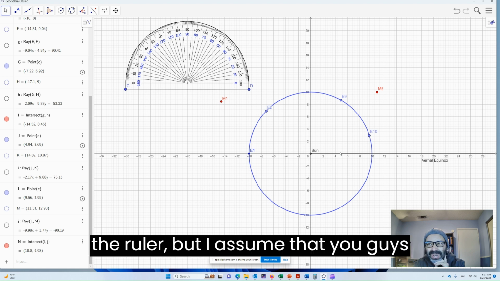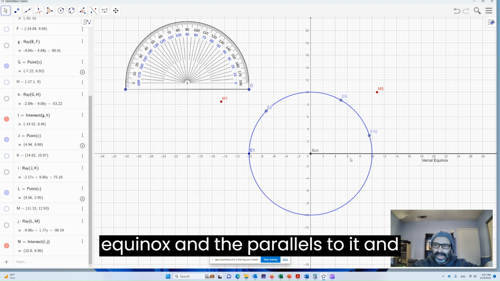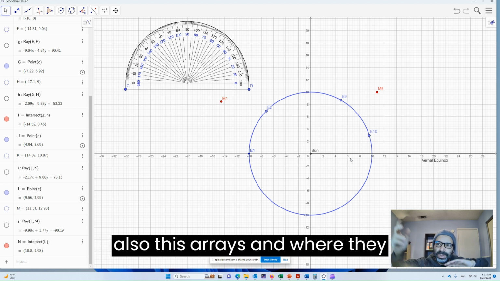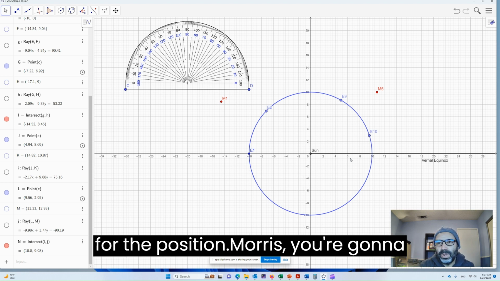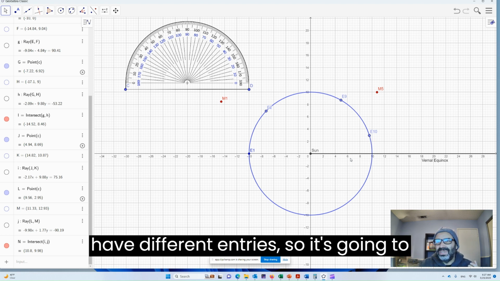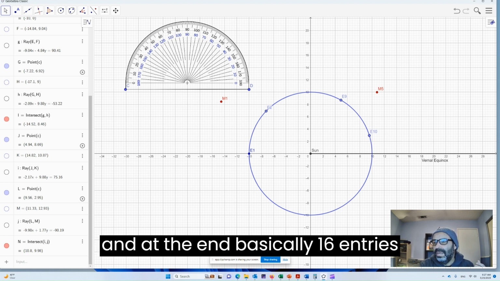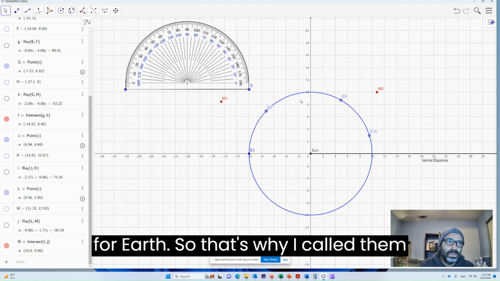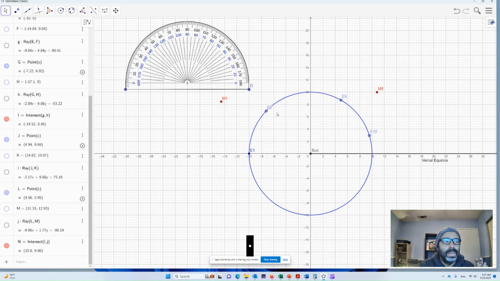In this case, I'm not using a ruler, but I assume that you guys can have a ruler to draw the vernal equinoxes and the parallels to it, and also the rays and where they intersect, where you're going to find the entries for the position of Mars. You're going to have different entries, so it's going to extend to about 16 entries, and at the end, 16 entries for Earth, so that's why I call them E1, E2, all the way to E16. In this case, I drew only 2 entries, E1 and E2.